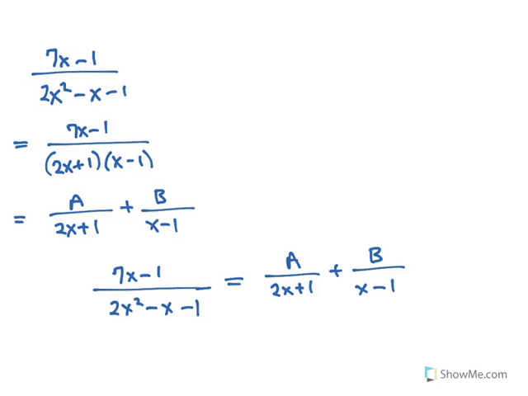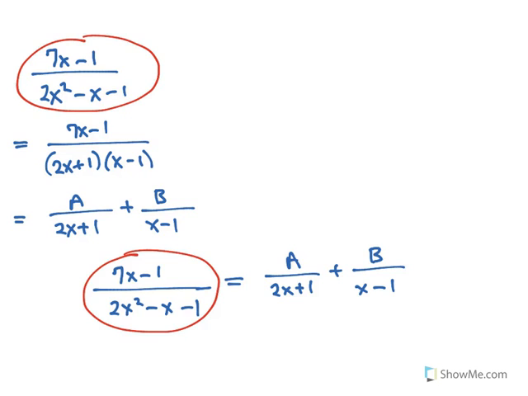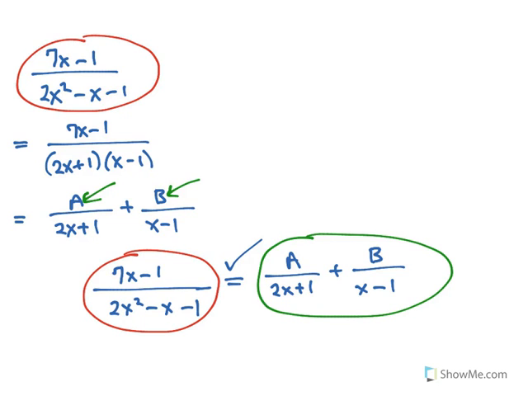The problem we have is this. Here's our original rational expression. We'd like to find the values of the constants A and B so that the sum of the partial fraction decomposition will be equivalent to our original rational expression. In other words, we want to find the values of the constants A and B so that the equation that you see here will be an identity.